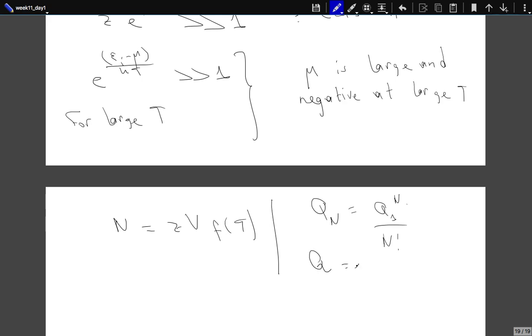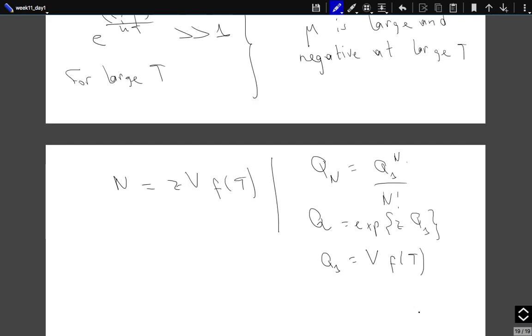The grand partition function was the exponential of z times Q1, but Q1 has a dependence on volume. Just think of an ideal gas, where particles are free to be anywhere, so there is an overall V dependence and some function of T. Then we know what the grand partition function is, and what the potential is.